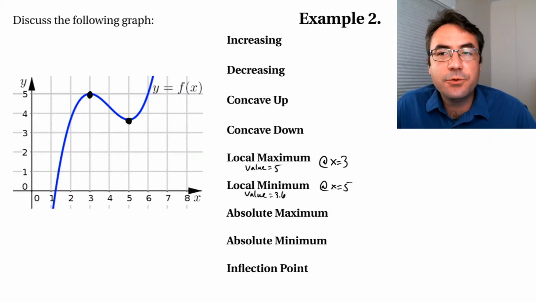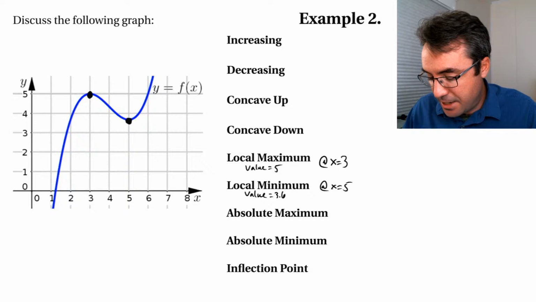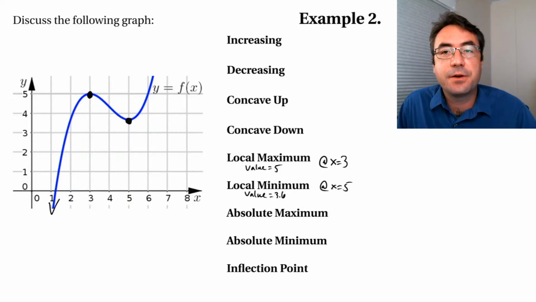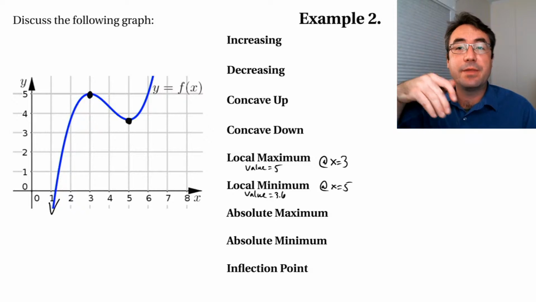Now what about absolute max and absolute min? Well, those local maxes and local mins are the contenders, but if we look at the end behavior here towards the left, it's cut off, and the way we read a graph is that it just keeps going in that direction.